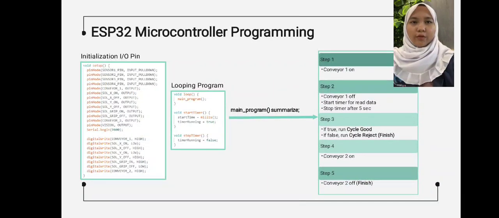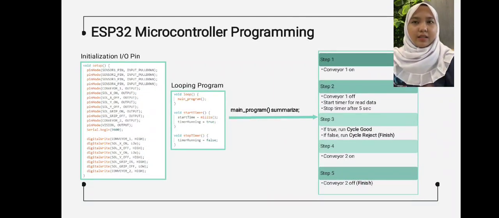Step 2, conveyor 1 off, start timer for reading data, and stop the timer after 5 seconds. In step 3, if the vision reads true, run the good cycle. If the vision reads false, run the reject cycle, and then go to finish. In step 4, conveyor 2 on. In step 5, conveyor 2 off, and the cycle finishes.